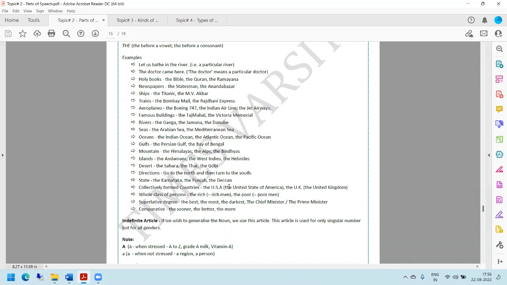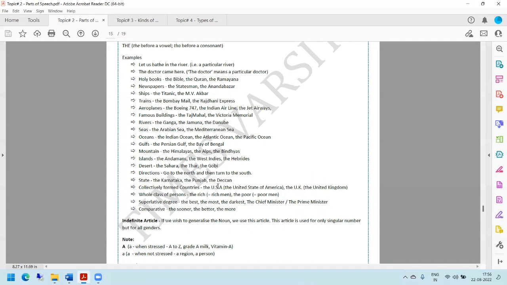All right, so the vowel sound should come along with the word. Okay, so if a vowel sound is coming, then it should be "thee". Otherwise, "thuh". So USA.